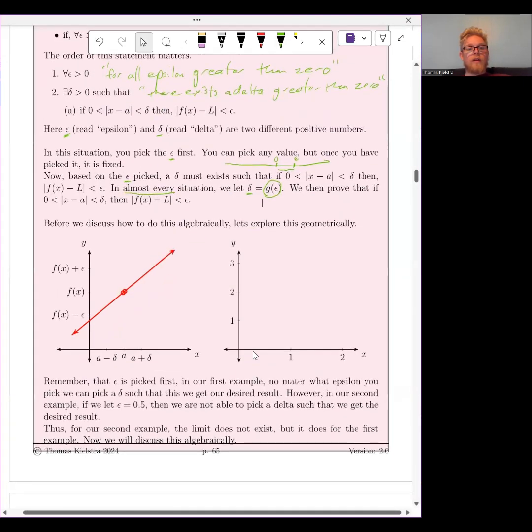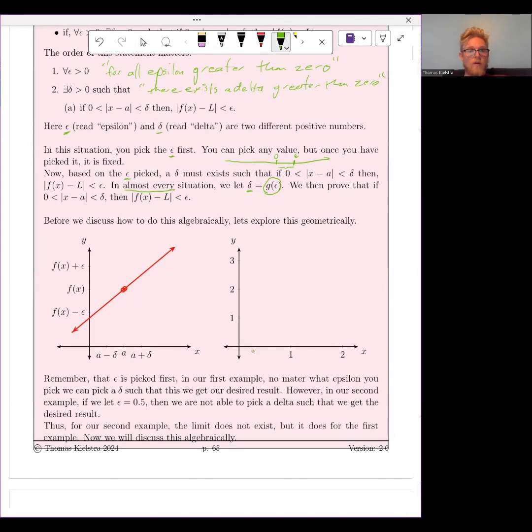So here in our first example, we have this nice graph, and I'm going to make this a nice big circle. Let's pretend this circle is open.